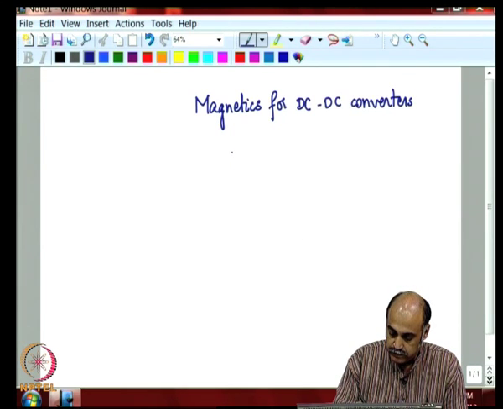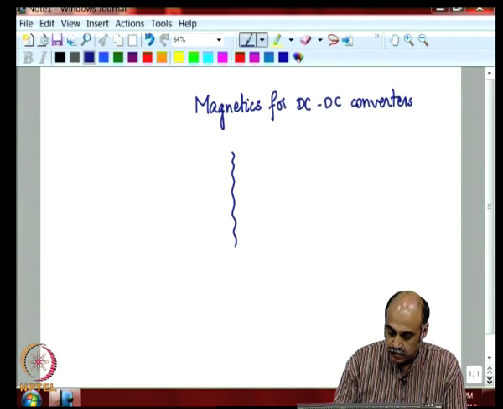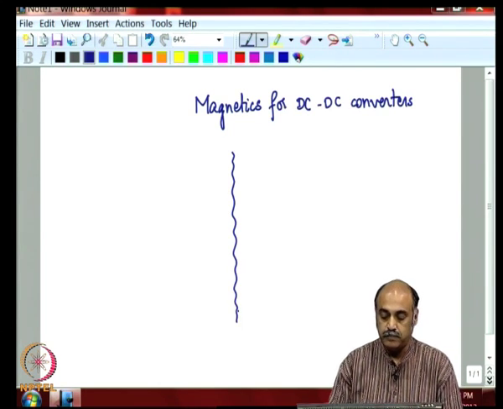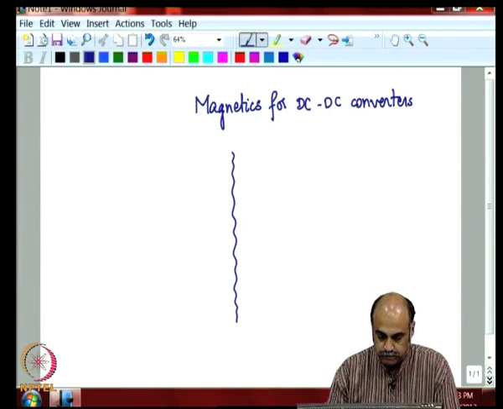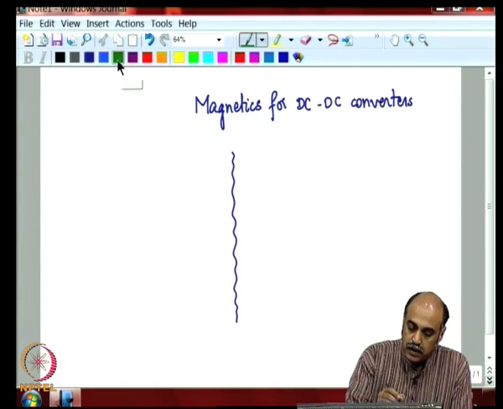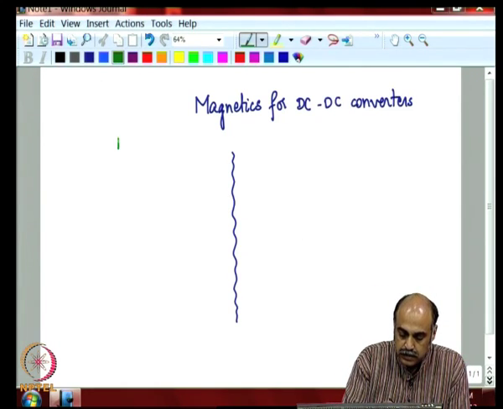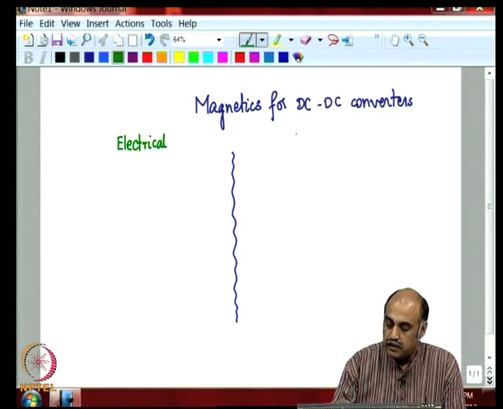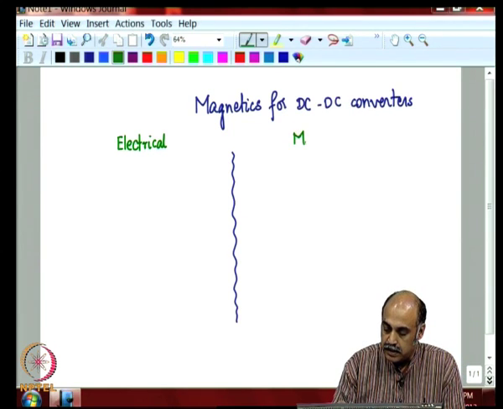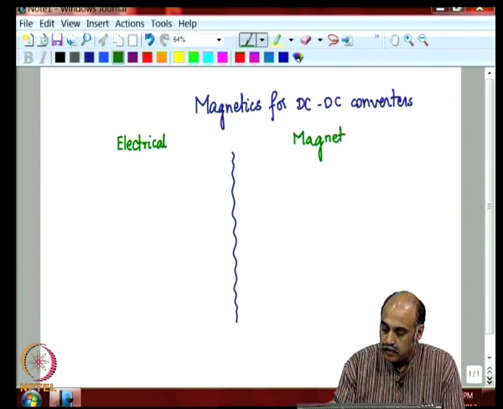So, let us see the magnetic components from two viewpoints. One viewpoint is the electrical, and the other is the magnetic domain.